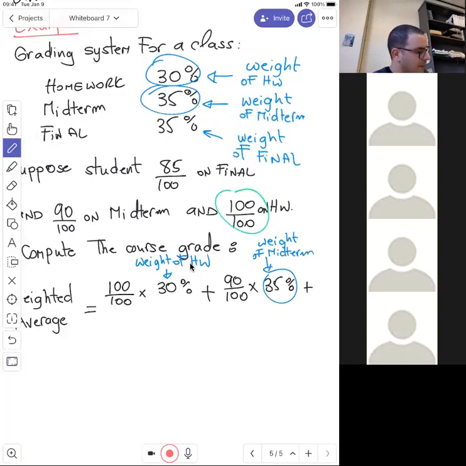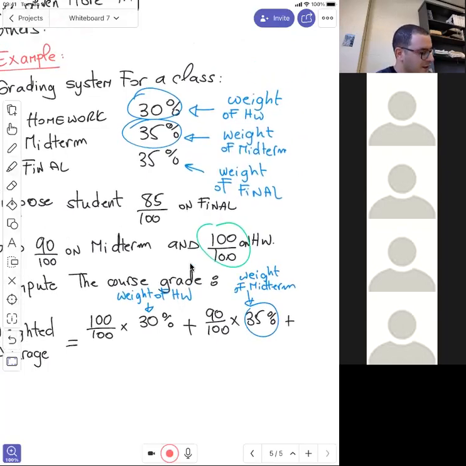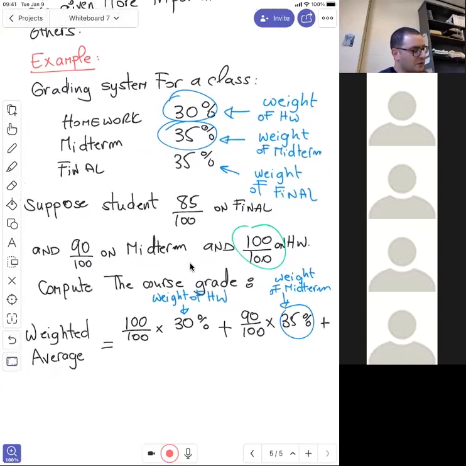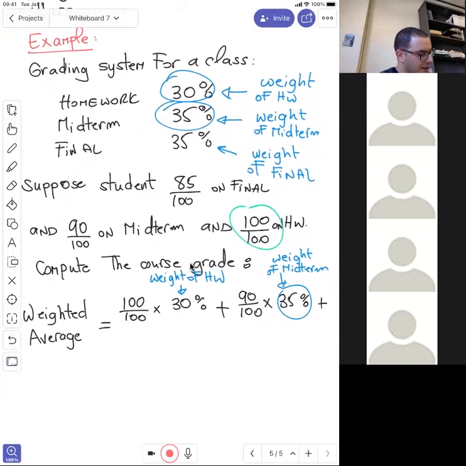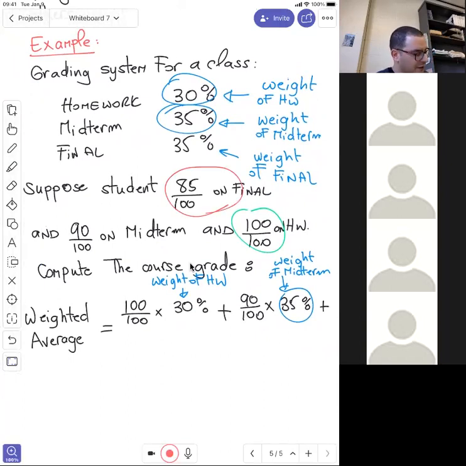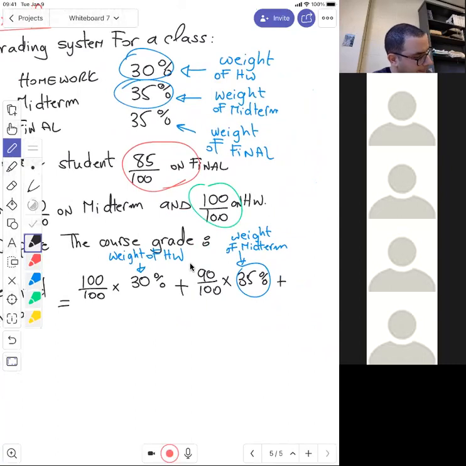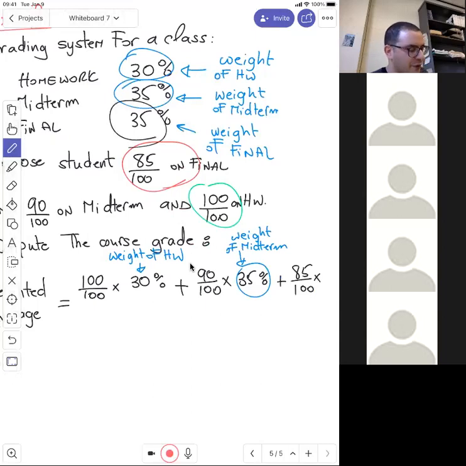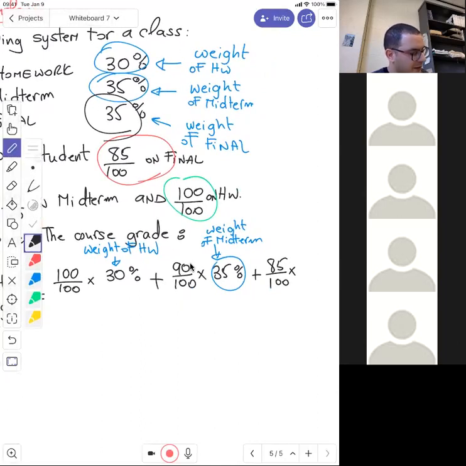And finally, plus the student's grade on the final, which is 85%. We multiply by the weight of the final. The final is worth 35%, so we multiply the student's grade in the final by 35%.